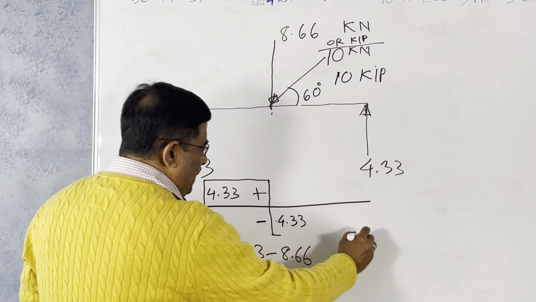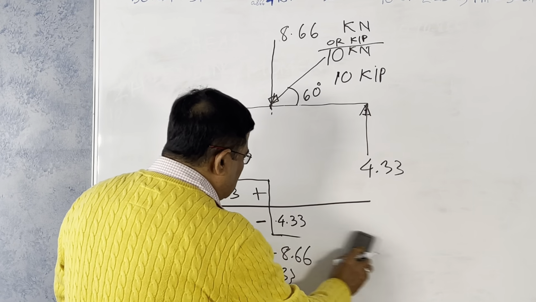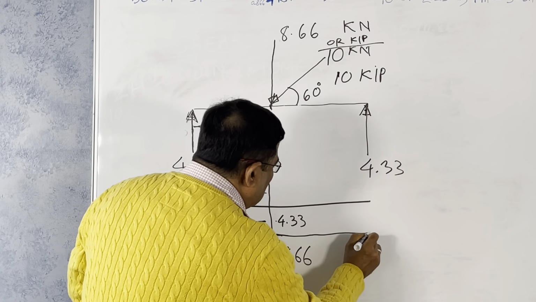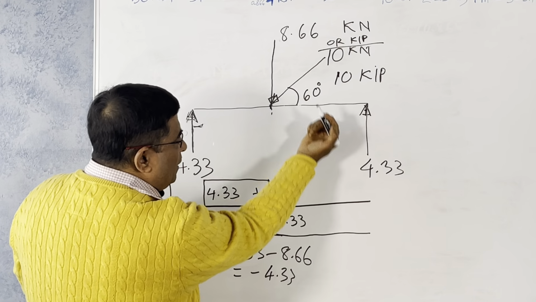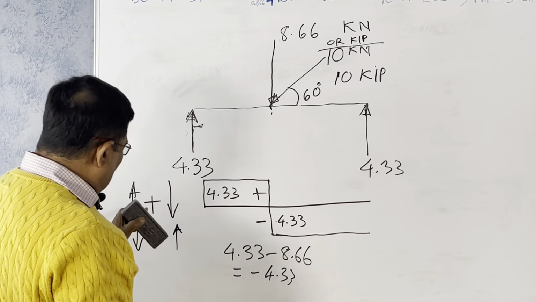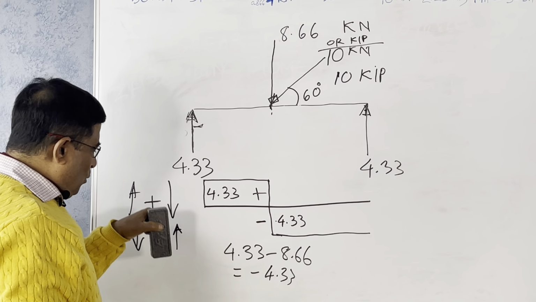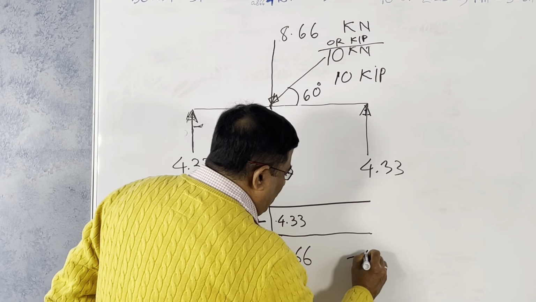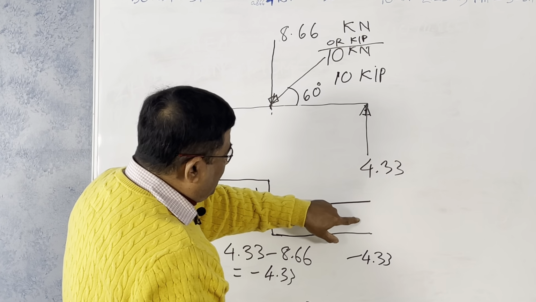From here to here, there is no force, so it will be constant and remain as this. Then at the end, the 4.33 is upward. We are considering from left to right, so upward force is positive, downward is negative. So this will be negative 4.33 just left of this point.